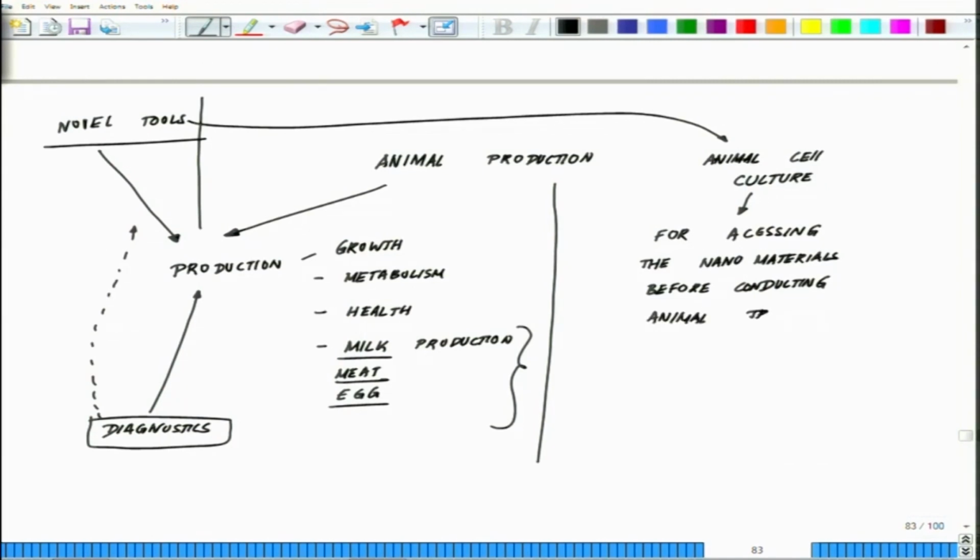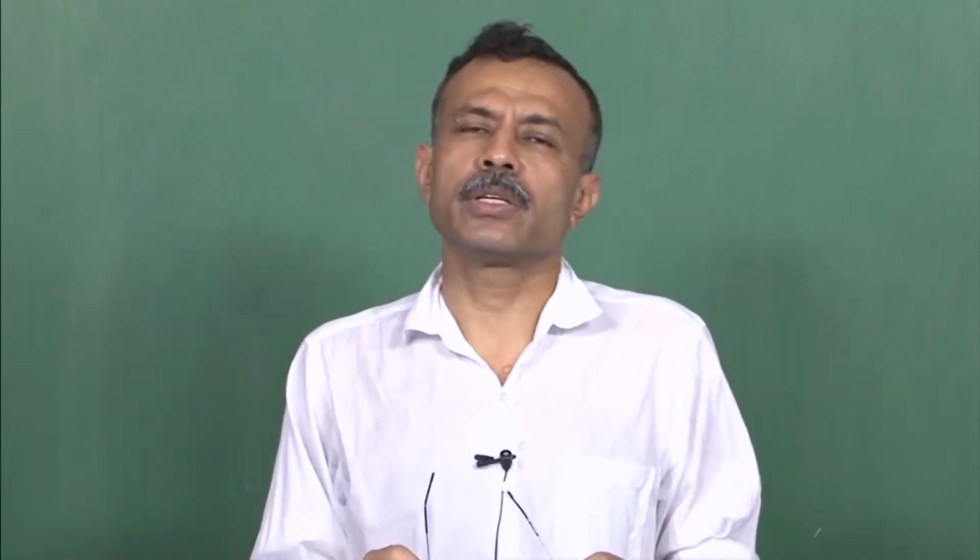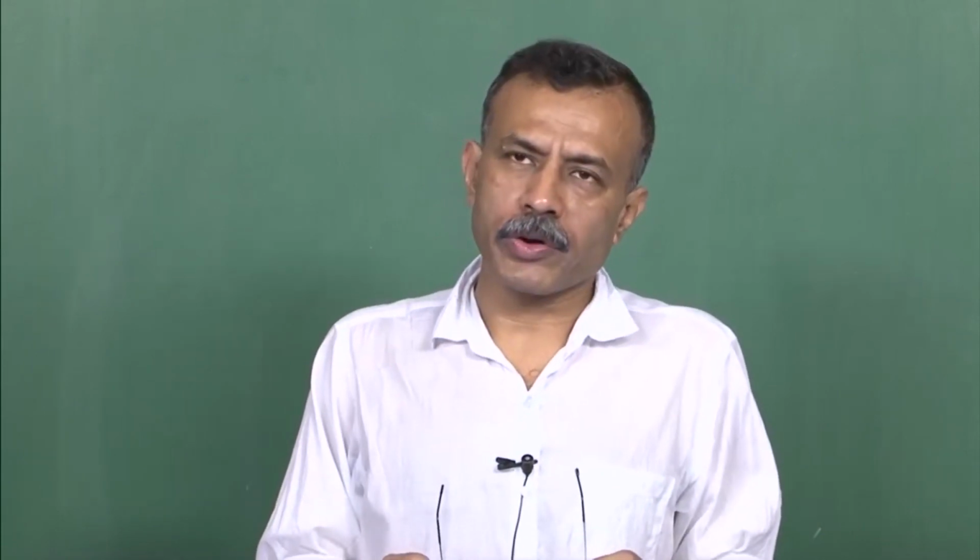So this is another area which is getting tremendous significance for the last several decades, where there is a thrust that we may need to figure out ways by virtue of which we can minimize the application of the drug in the animal directly.